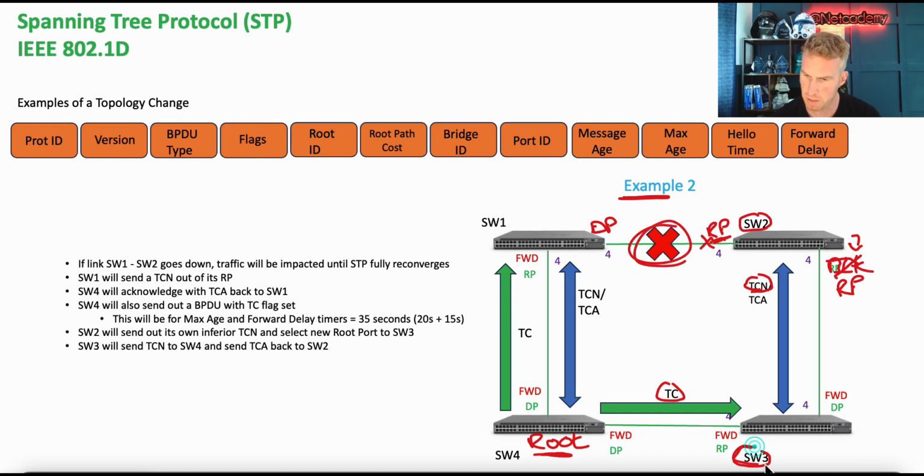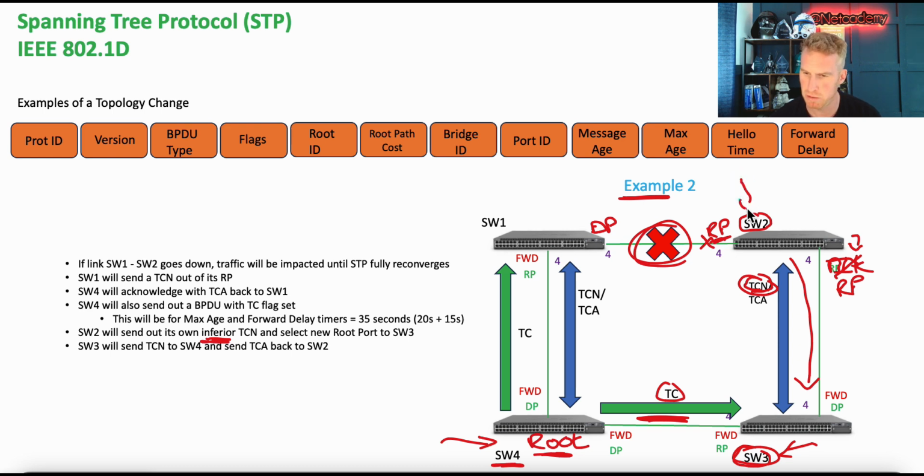But at the same time, SW3 is getting this topology change from the root bridge. And as such, that message coming from SW2 is what's called inferior. It's inferior because SW3 knows that SW4 is the root bridge. It already knows its bridge identifier, its priority, its MAC address.